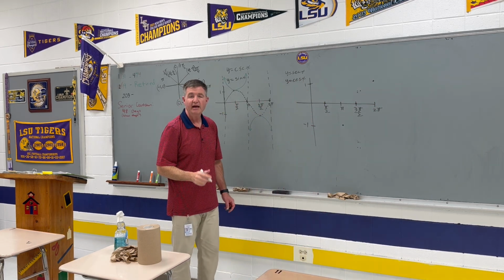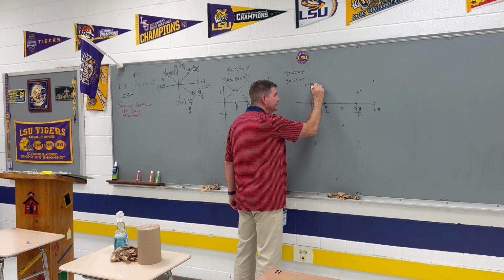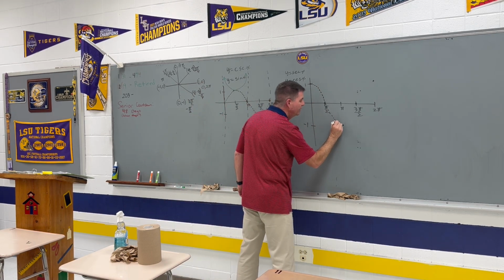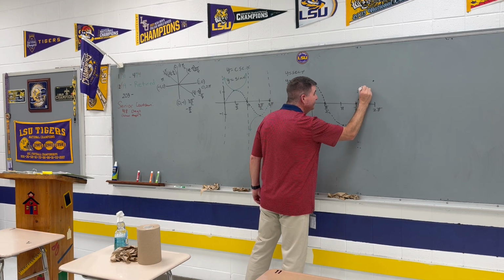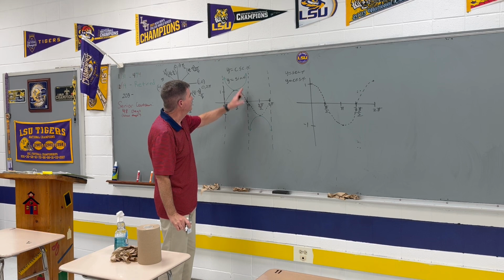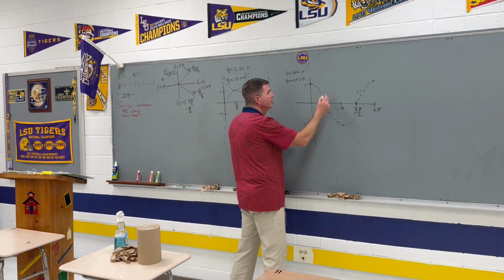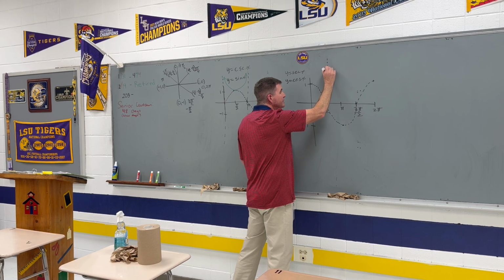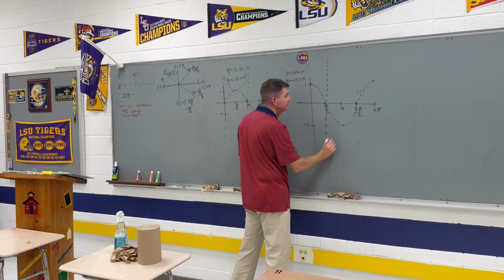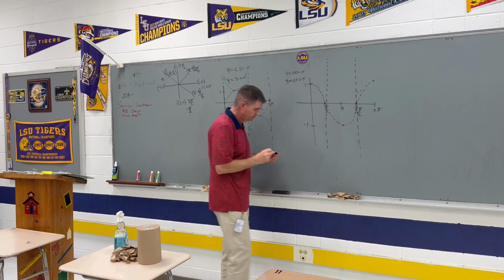But instead of graphing the cosine curve, we're going to do a dotted line of an imaginary cosine curve. And just like with the cosecant, where the zeros are asymptotes, with the secant, we look at the cosine, and the zeros are also asymptotes.